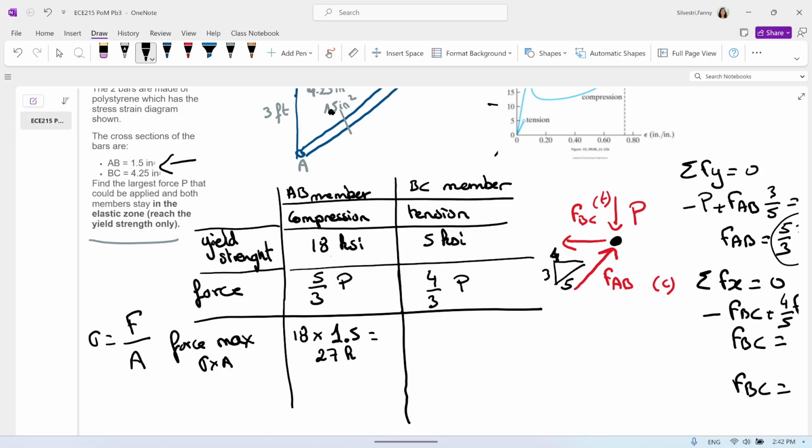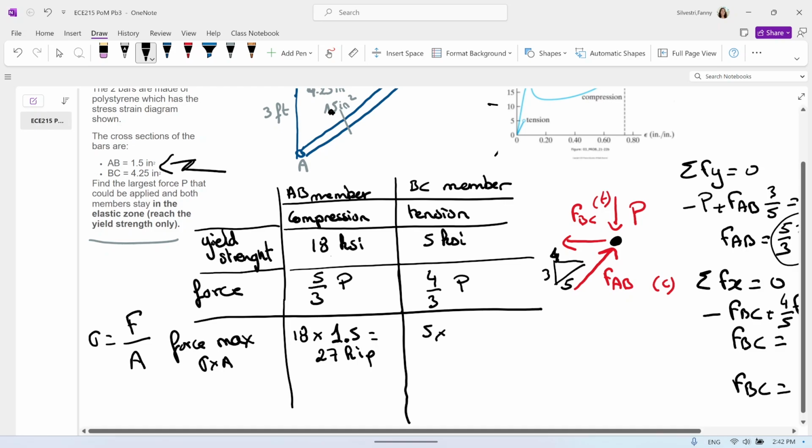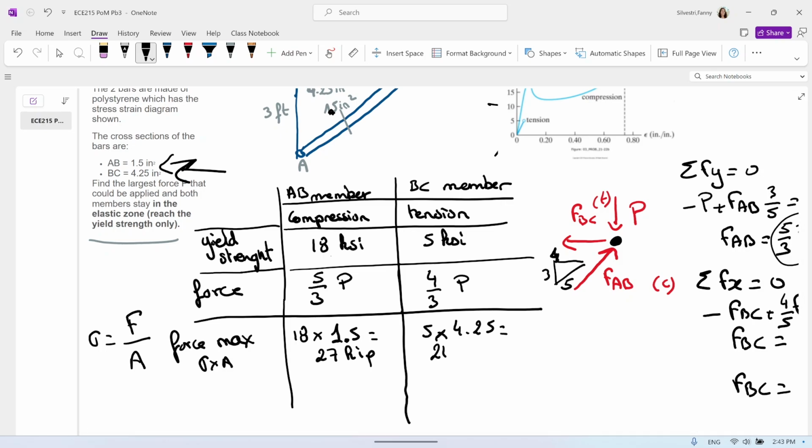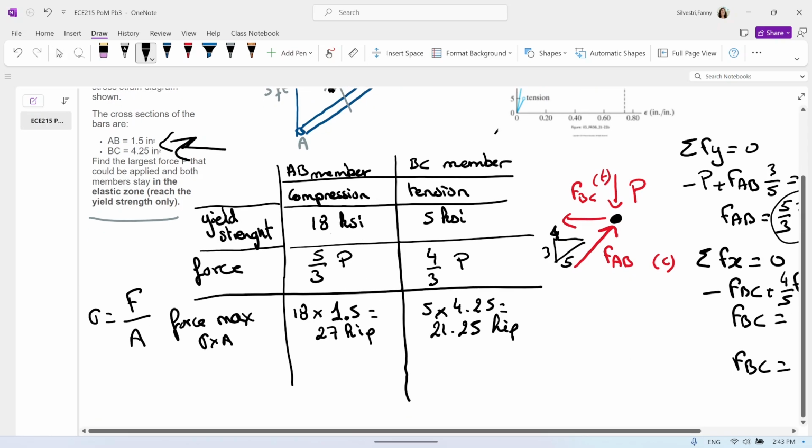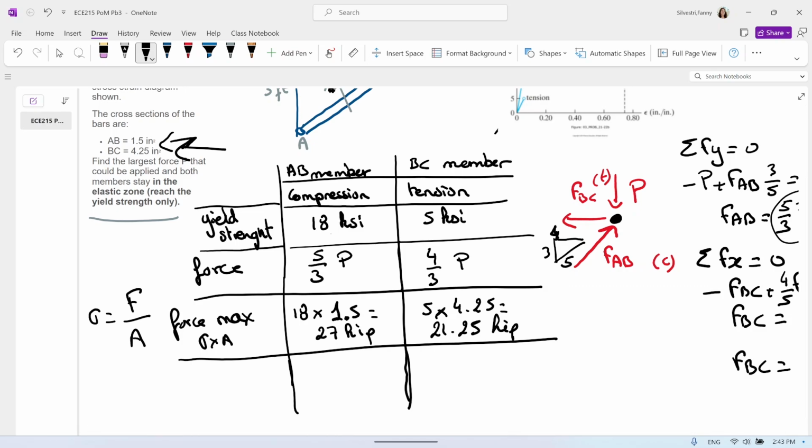I always forget to write that. And this one will be 5 times the area. The area is provided there, it is 4.25. So that will be 21.25 kilopounds.